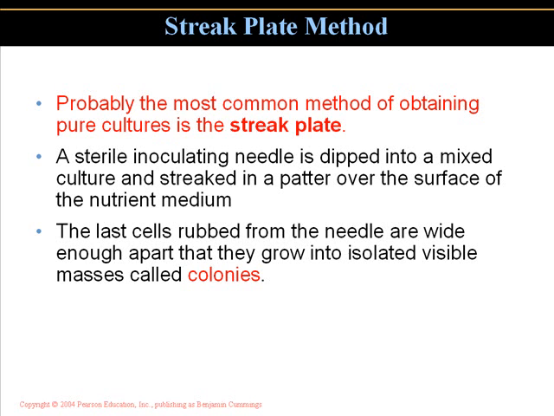It's basically a straight cylindrical wire with a little eyelet, a little circle, at the top. You dip that into a bacterial source, whether it's a urine specimen, a sputum specimen, or even a blood specimen, though that would be a little different. Then you smear it along the agar plate.